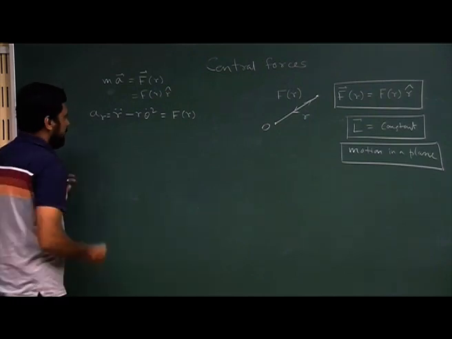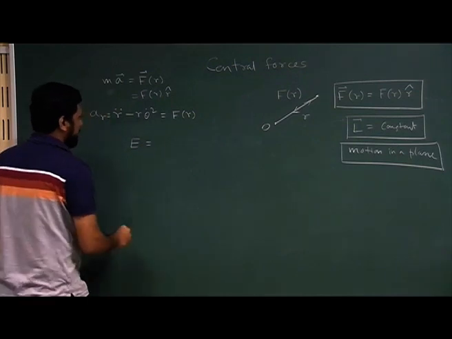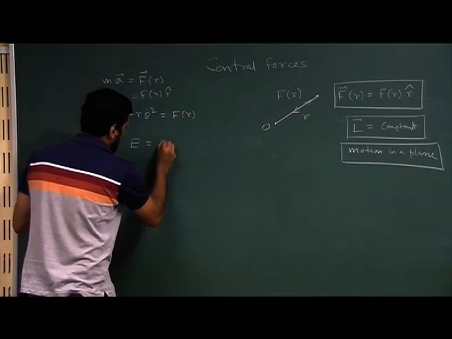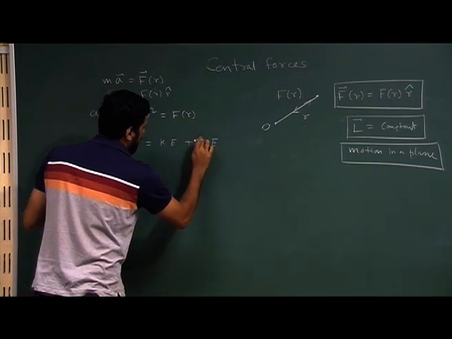What we can do is, we can try to write the total energy, which is a constant, as a sum of kinetic energy plus potential energy.